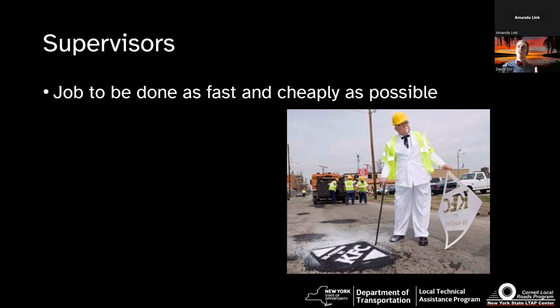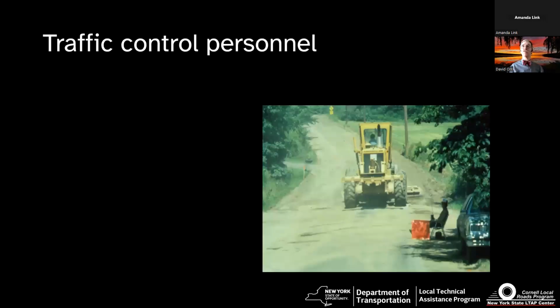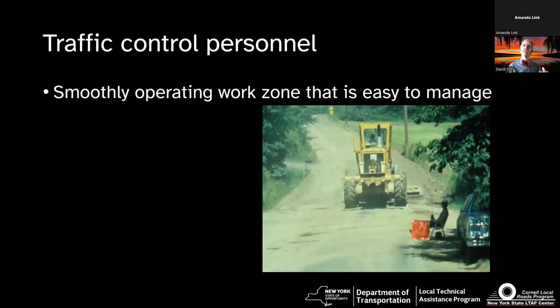If you've been in enough work zones, you start noticing that if it's really well done, you can concentrate on the work because you're protected by the traffic control personnel. If you don't quite trust what they're doing and you've got to look for traffic, your productivity goes down. So a good work zone actually helps everybody. And it makes the job of the traffic control operators easier because smoothly operating work zones are easy to manage.